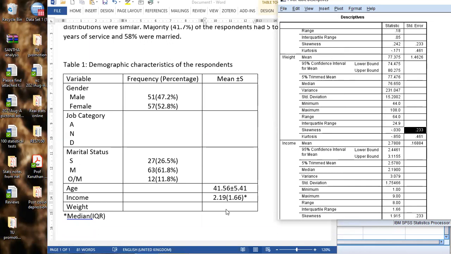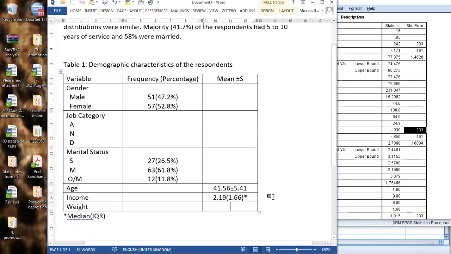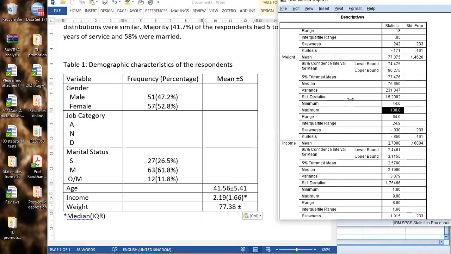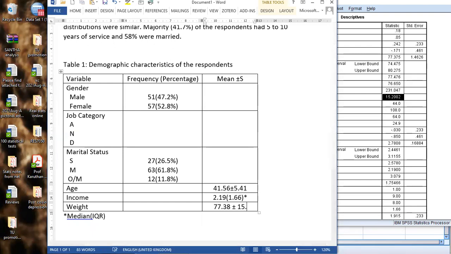Weight, symmetrical, okay. Weight will be 77.38 plus minus. What is the standard deviation of weight? 15.20. All right.